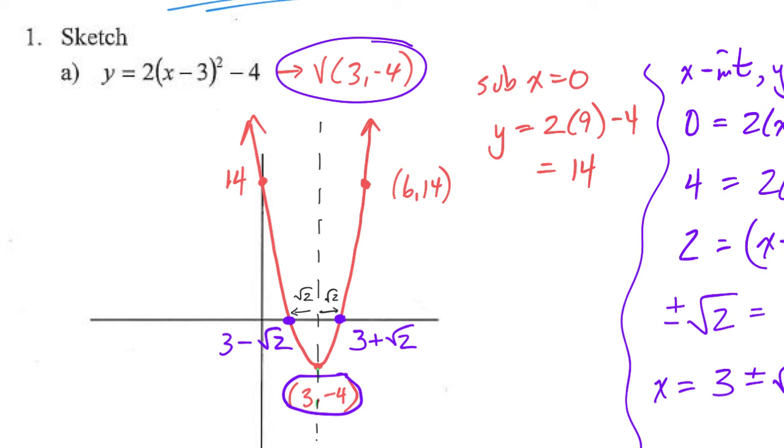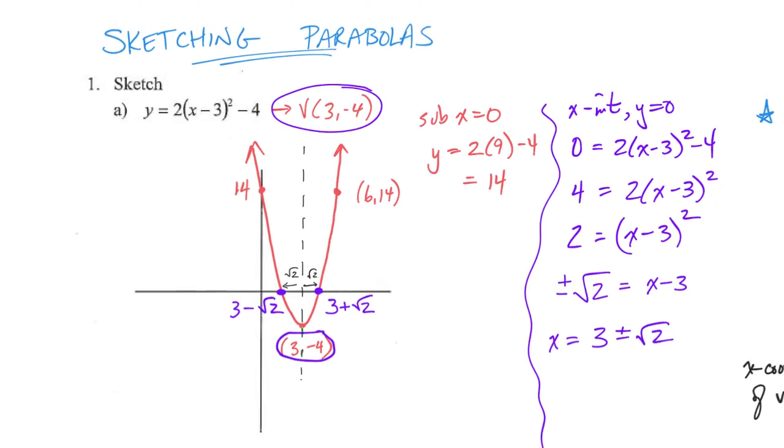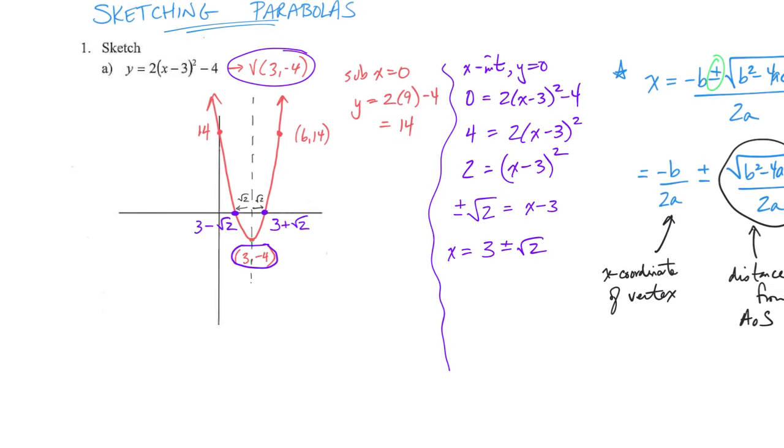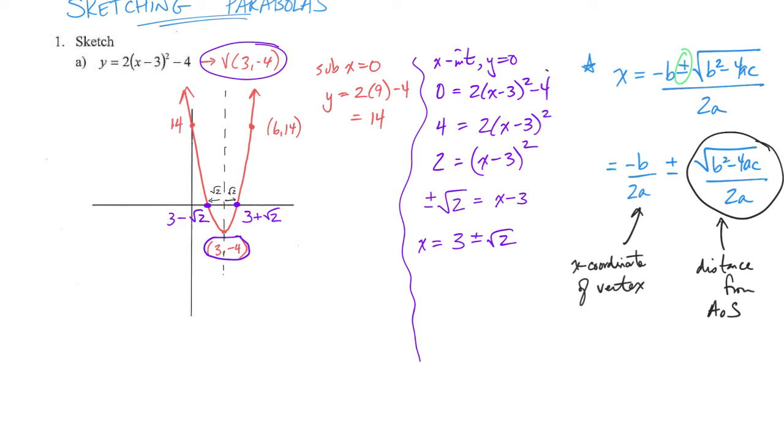And if, and I'm just going to shrink this back down again, you were to go through and take that purple equation and expand your brackets, collect like terms, and now solve that using the quadratic formula, what you're going to find is that the root of b squared minus 4ac all over 2a would equal root 2.